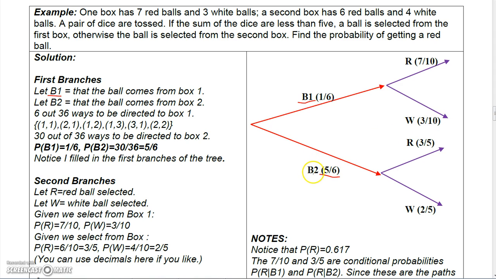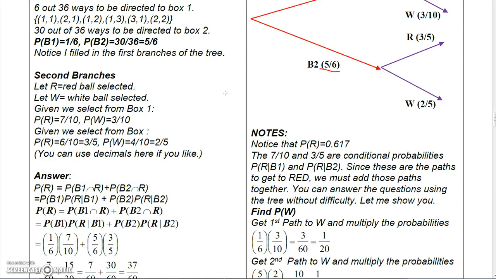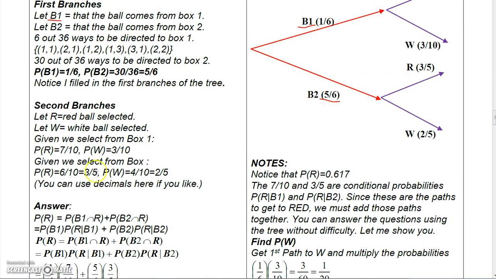If we select from box 2, we'll get a red ball with a probability of 6 out of 10, but I reduced it to 3/5. And the white ball will be a probability of 4 out of 10, which reduces to 2/5. Okay, now, so my answer here, what's the probability of red?